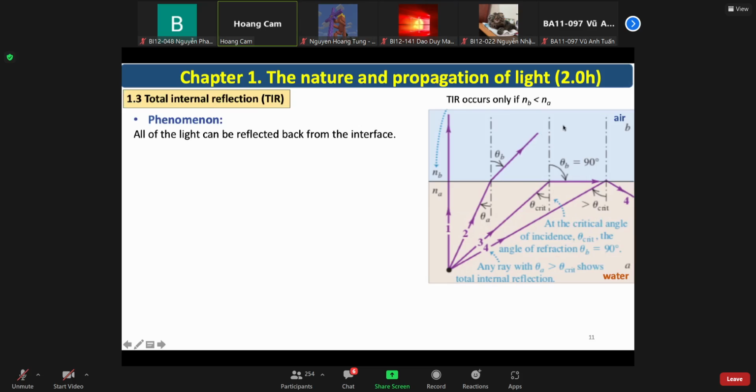And we got the first condition for the TIR to occur: NB must be smaller than NA.